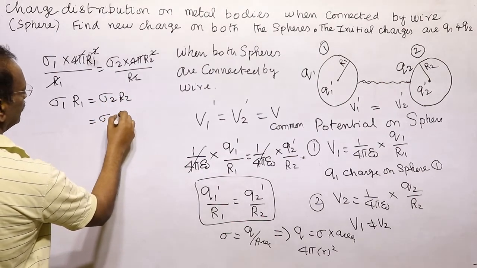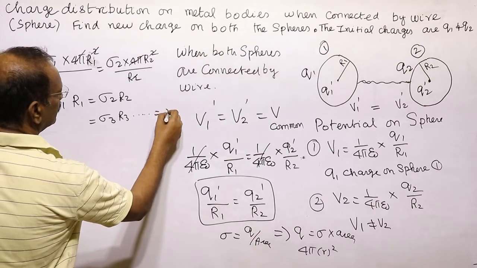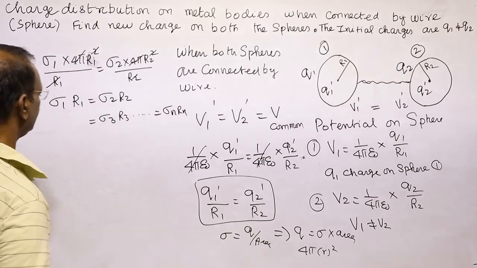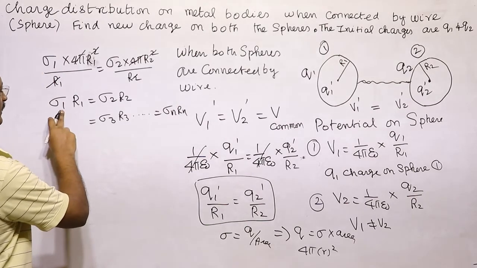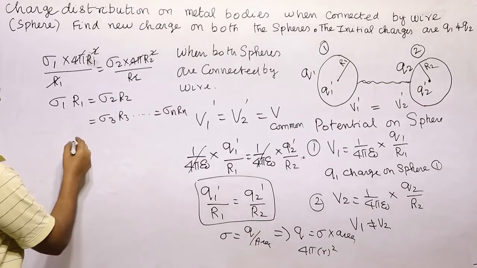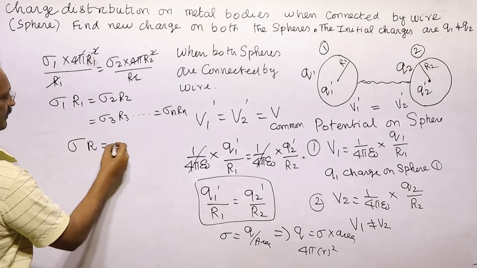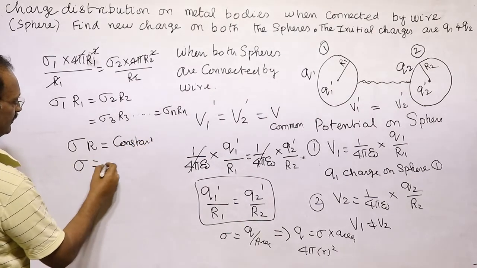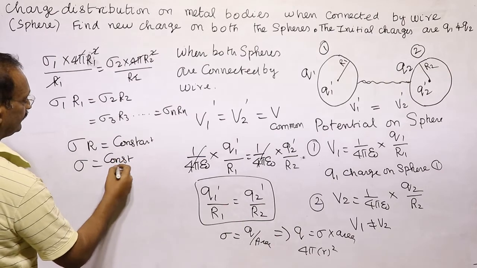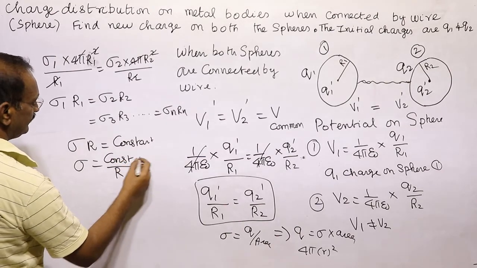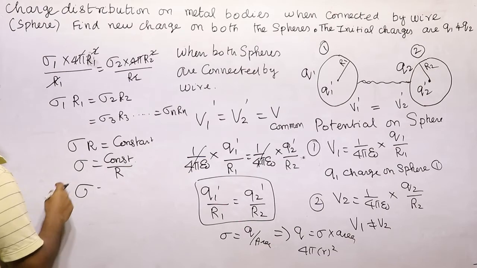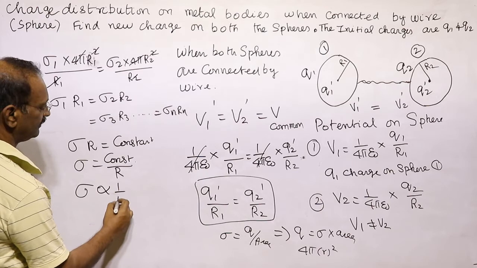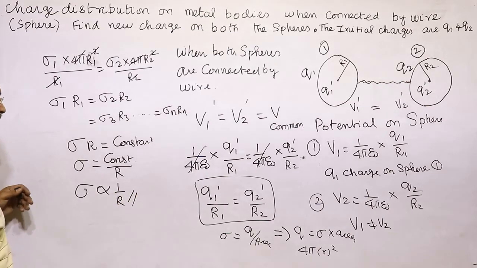Similarly sigma 3 into R3, and so on up to sigma n into Rn. For any n number of spheres we can write like this. It means the multiplication of sigma and R is a constant, or sigma by R is constant, or sigma is equal to a constant divided by R. So surface charge density sigma is proportional to 1 by R. This is a very, very important relation.